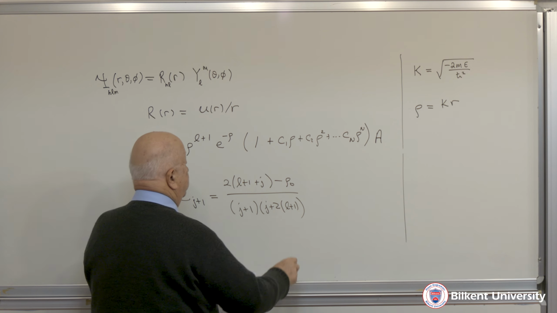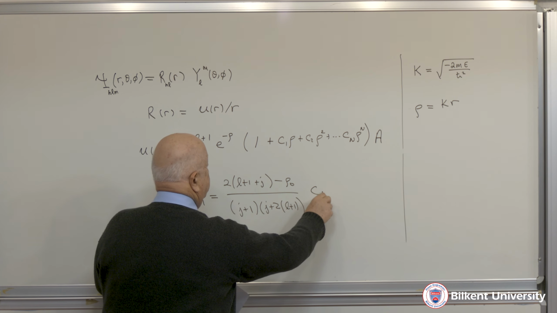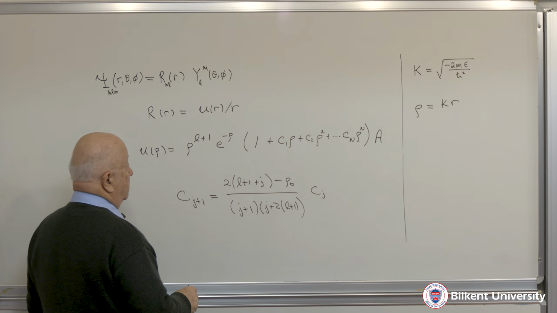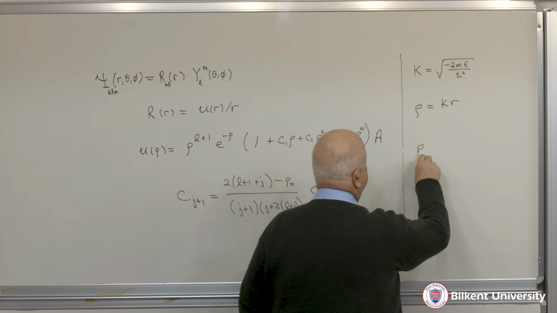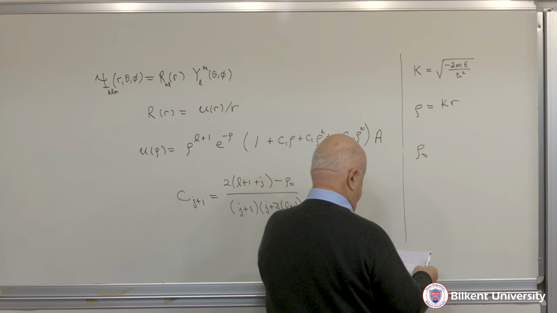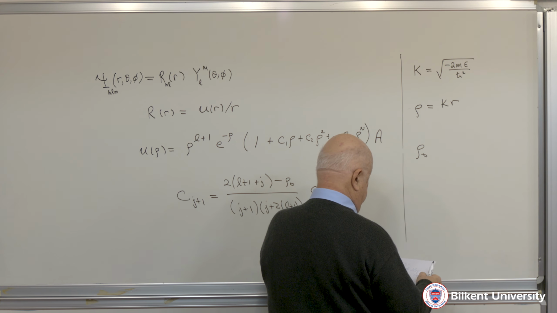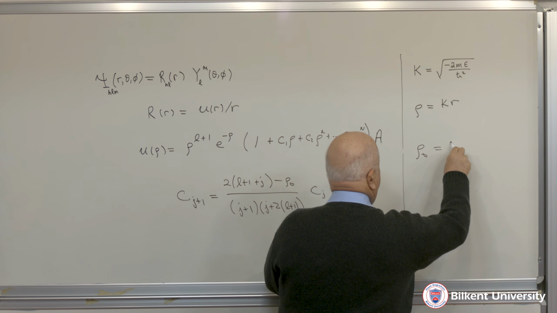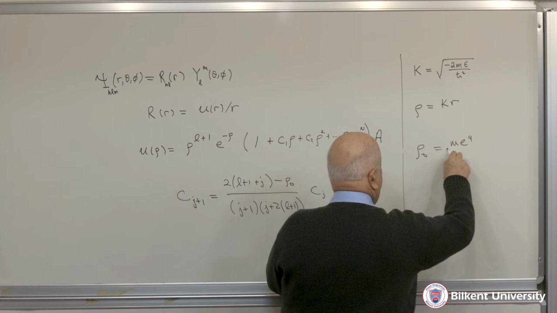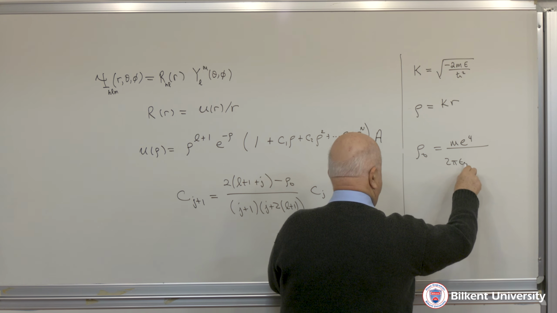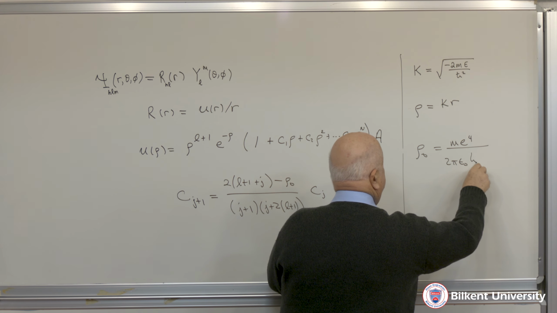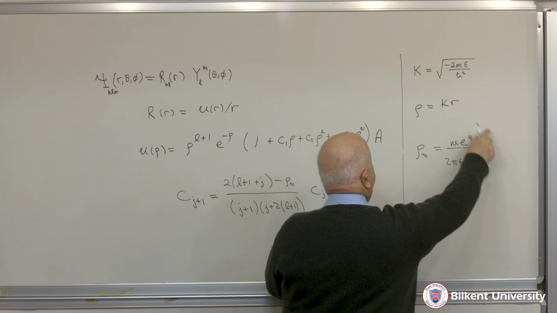This is something that we found last time. And let me write down what rho 0 is so that I have all my references correct. It's equal to m e squared divided by 2 pi epsilon 0 h bar squared times k.